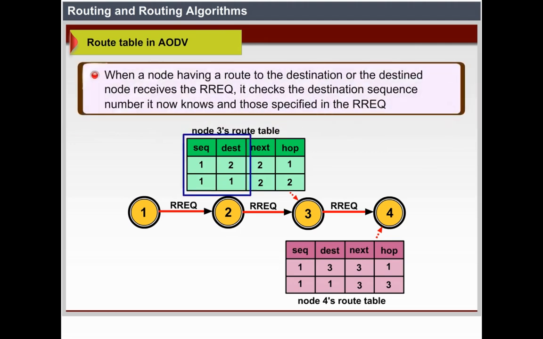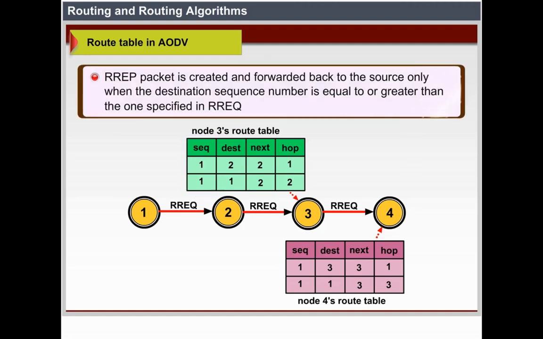When a node having a route to the destination, or the destined node, receives the RREQ, it checks the destination sequence number it currently knows and the one specified in the RREQ. An RREP packet is created and forwarded back to the source only if the destination sequence number is equal to or greater than the one specified in RREQ.